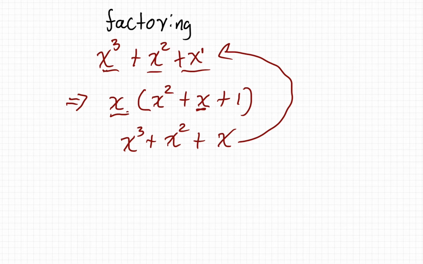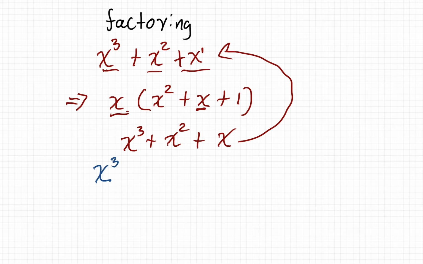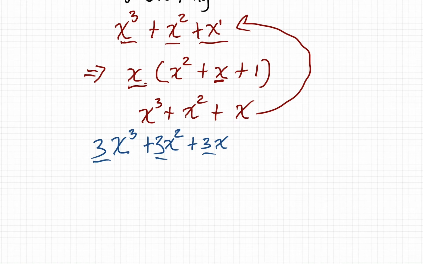We can try a different example, and let's write it here with a different color. Let's make it a little bit more challenging. So let's have x cubed plus x squared plus 3x. If you notice, this one is similar to the previous one, but you have the 3 here. And you also notice that these 3 terms have the 3 in front of them, which means that's something they have in common.